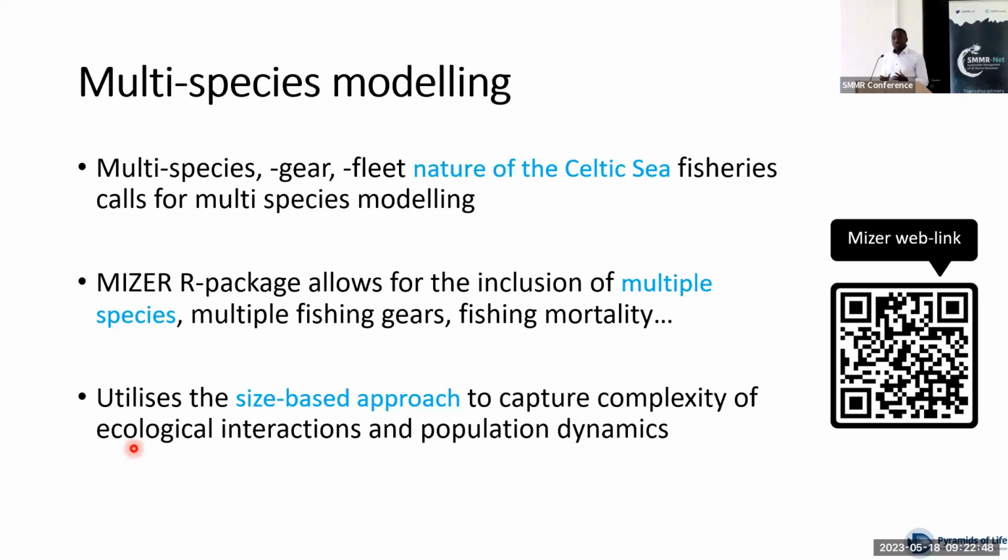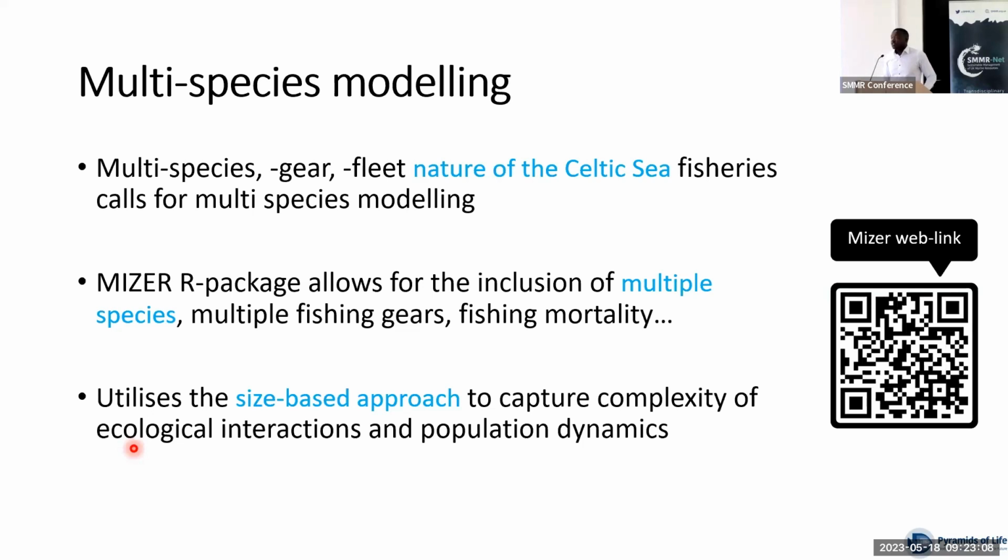And these particular characteristics really call for multi-species modeling. And luckily enough, we do have a package in R called Mizer that can be used to model all these different things that are associated with the Celtic Sea.